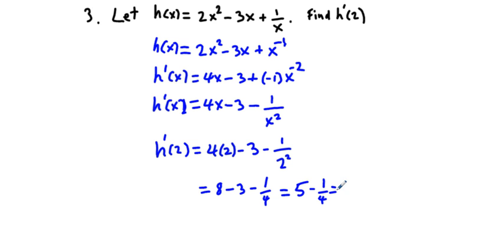How many fourths do we have in 5? 20 fourths. So 20 fourths minus 1/4, and our answer is the improper fraction 19 fourths, or 4.75. So that's h prime of 2. There's going to be a problem like that.